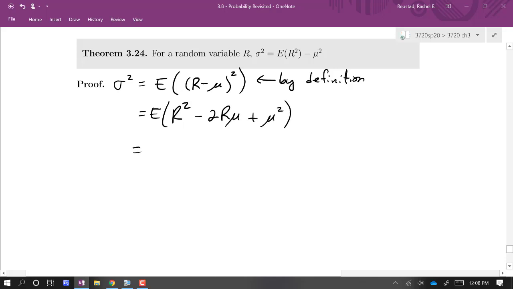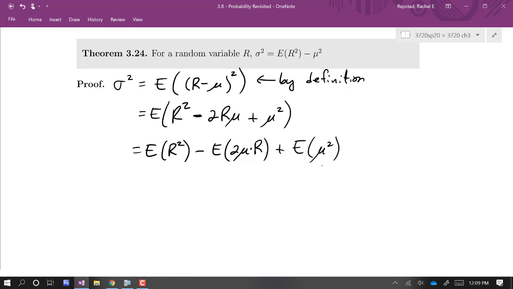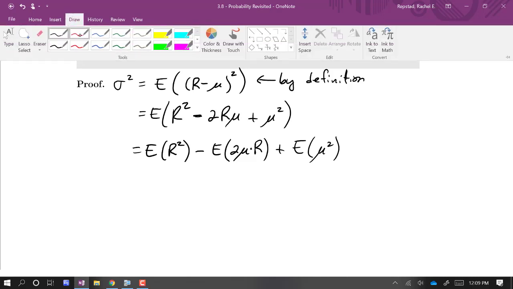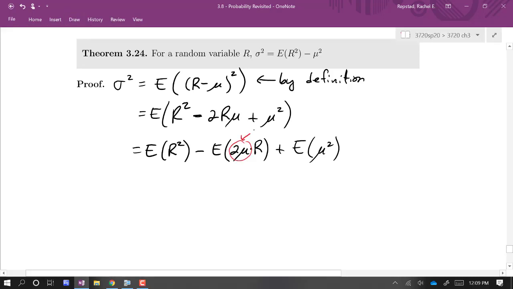Now look, we are adding and subtracting inside the expected value function, so we're going to split up the expected value function over that addition and subtraction. The expected value of R squared minus the expected value of, I'm going to write this as 2 mu times R, plus the expected value of mu squared. Now, for a random variable, the expected value, or the mean, mu, is some number. It's a constant. So we'll note that 2 times mu is also a constant.